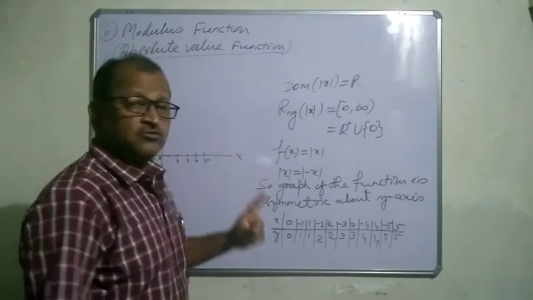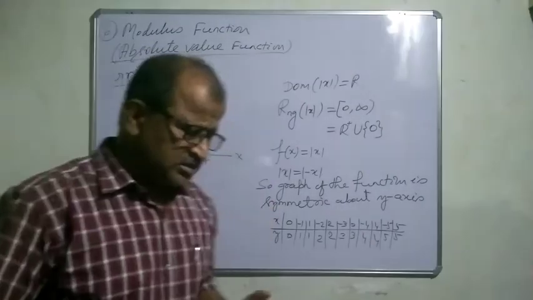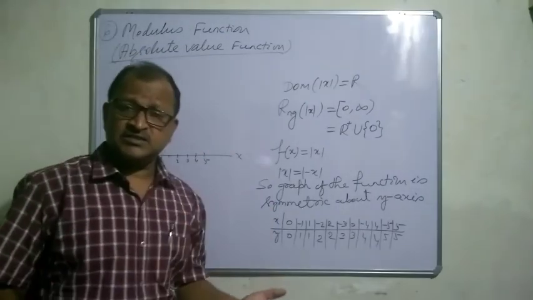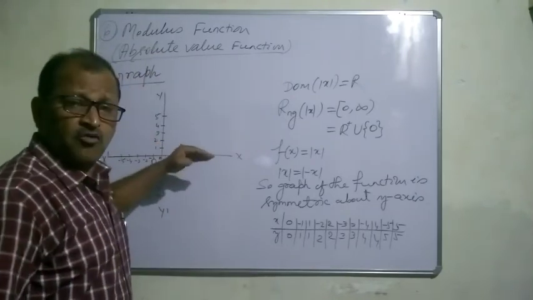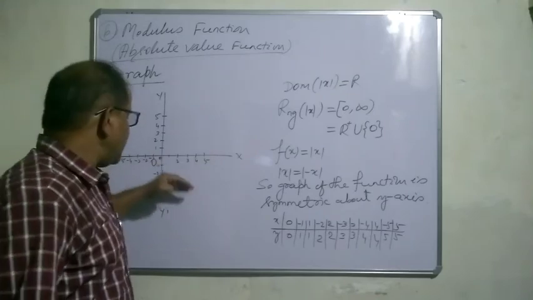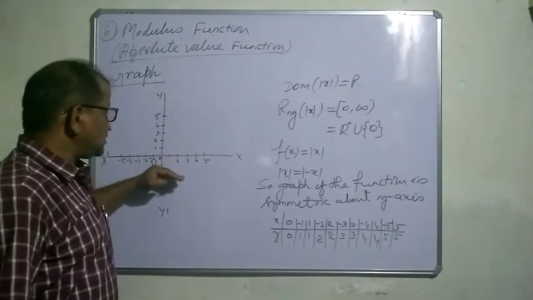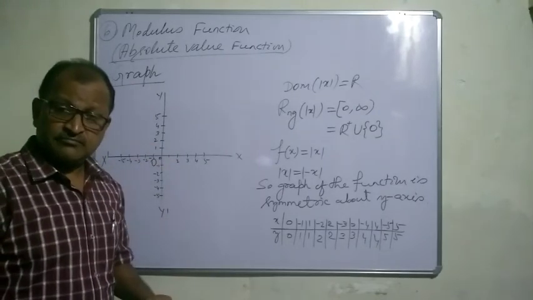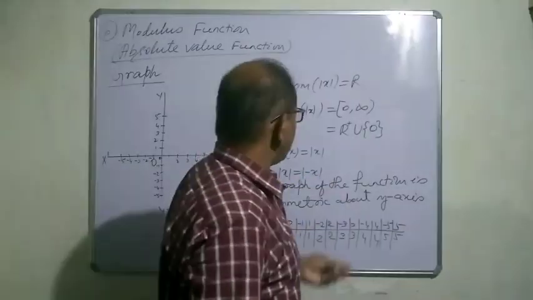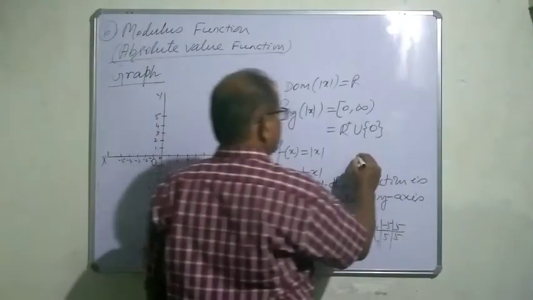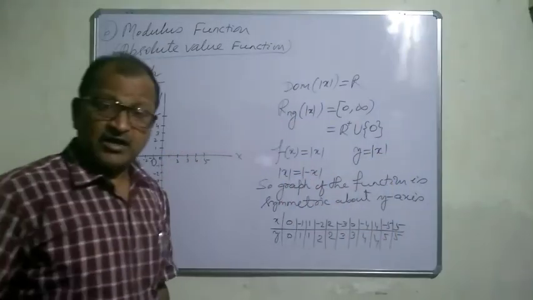Another conclusion you may draw: because the absolute value of x cannot be negative, no part of the curve will lie below the x-axis, because below the x-axis y is negative. Here y is equal to the modulus of x, so the value of y cannot be negative.